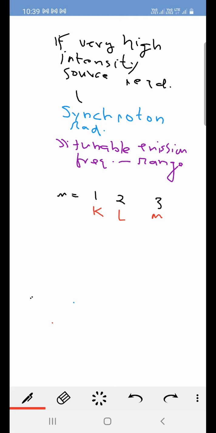And if we use it, for example, there is another way of representation.